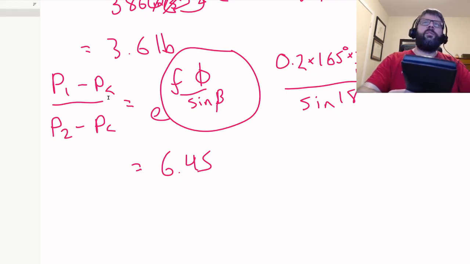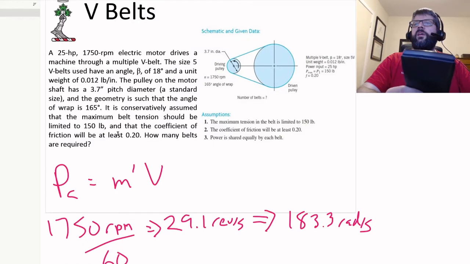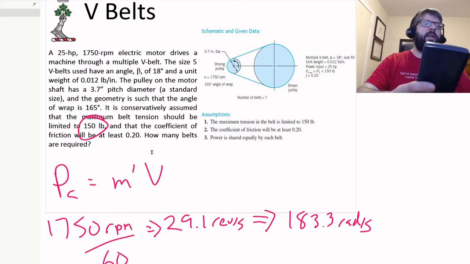Well, okay, as for what P1 is, if our maximum belt tension is 150 pounds, then essentially we need to add our PC to our P1 to get that.